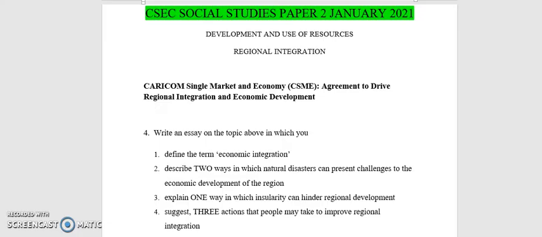Today we will be looking at the CSEC Social Studies paper 2, January 2021 question on regional integration. We know that regional integration is a very challenging topic. It is one that students find very difficult to write on in examination. But we have to practice until we make it, right?